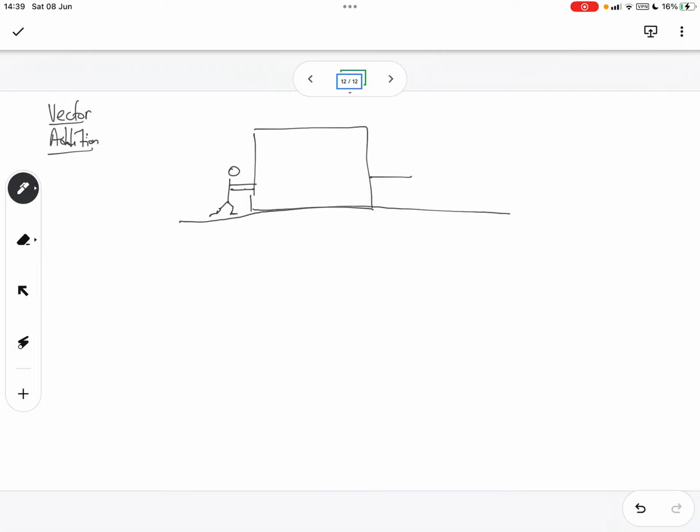So vector addition. One person is pushing and the other one is pulling it.